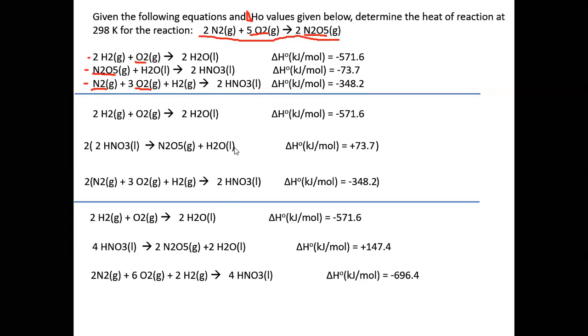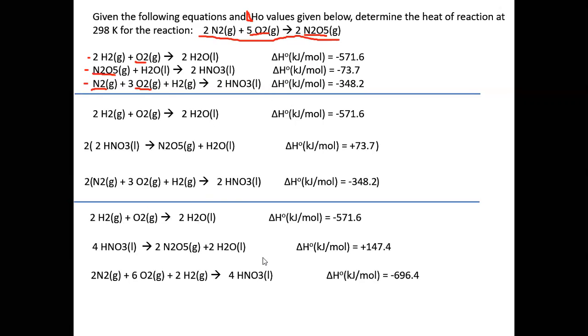We want 5. So the next thing we're going to need to do is flip the first equation so that the water cancels out. Because right now the water doesn't cancel out, and you see in our equation that we want, water is not there. So what we're going to have to do is flip the first equation.